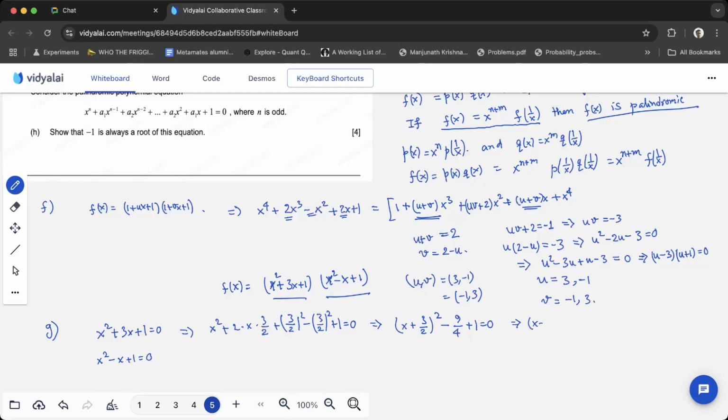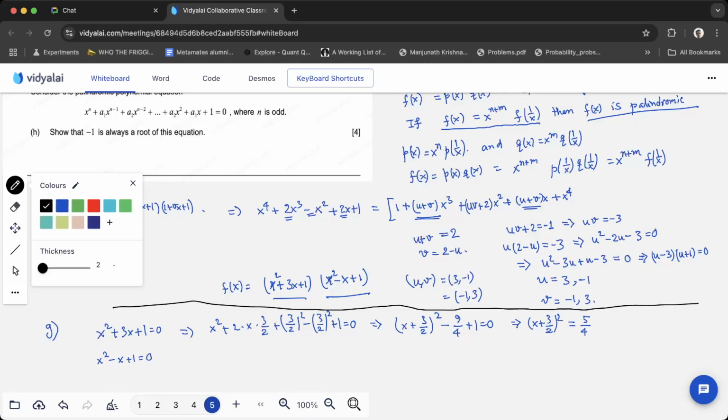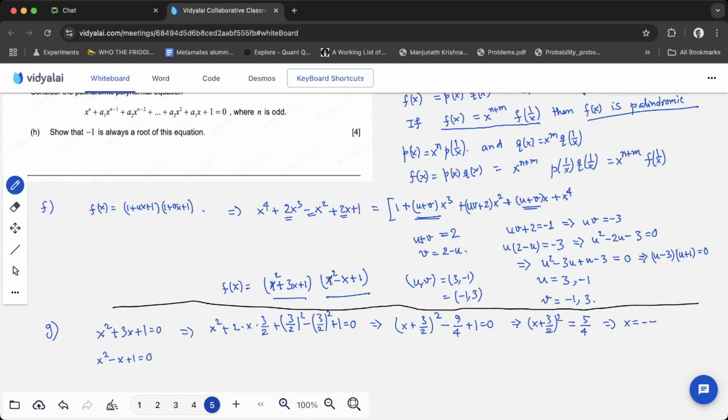So (x plus 3/2) whole squared equals 5/4, and x equals -3/2 plus or minus square root 5 by 2.